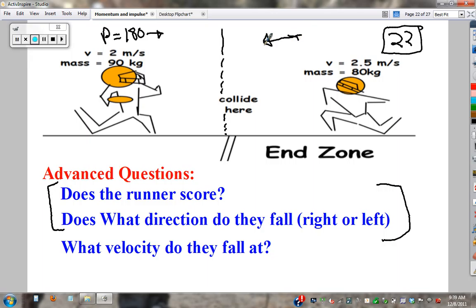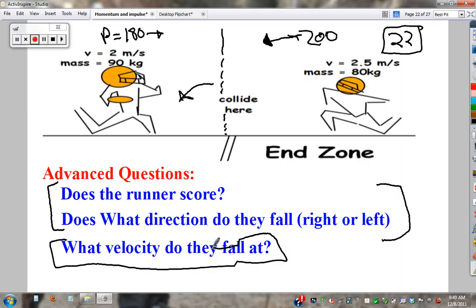Well, let's just look at it like this. A velocity of 200, momentum. So this guy's got more momentum, so they're going to collide. They're going to fall to the left, and he's not going to score. But this is going to be your actual test question. What velocity do they fall at?